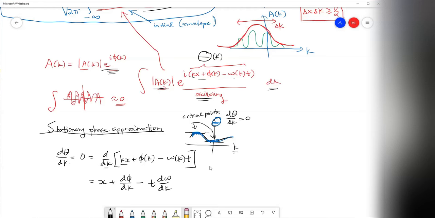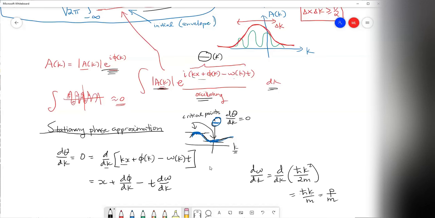d omega dk, we know what it is. d omega dk is just d dk of h bar k squared over 2m. So it's h bar k over m. And if you remember, that's the momentum p divided by m, right?